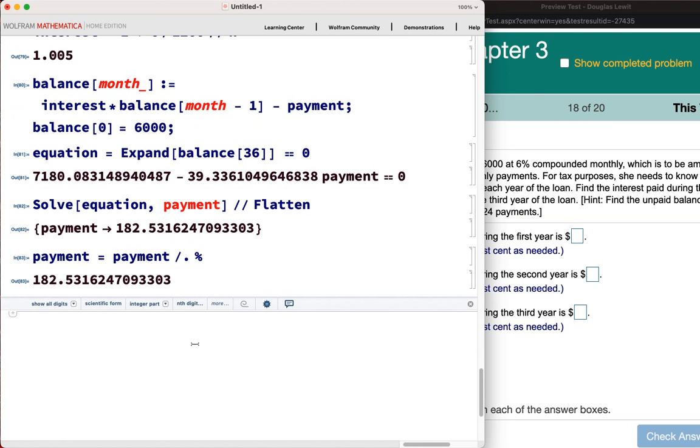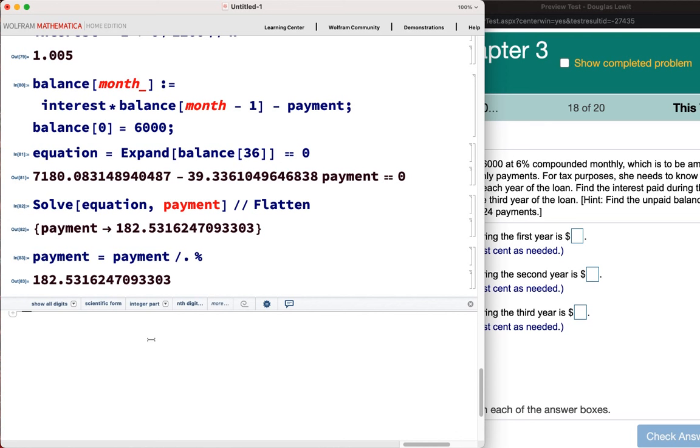Okay, so then we have to figure out the balance, and we have to figure out the portion to principal and then the portion to interest.